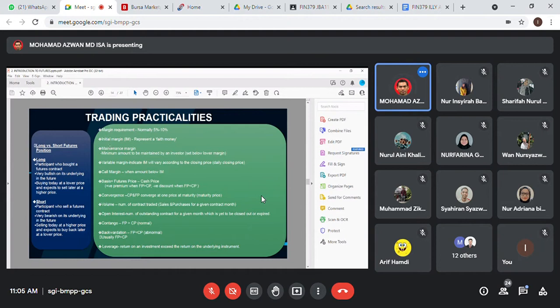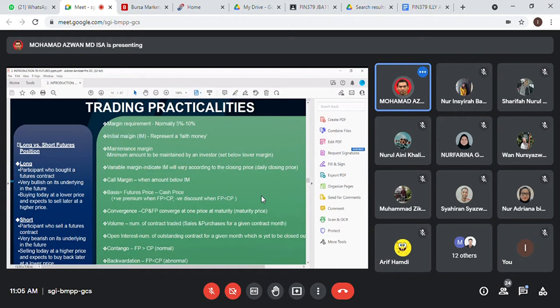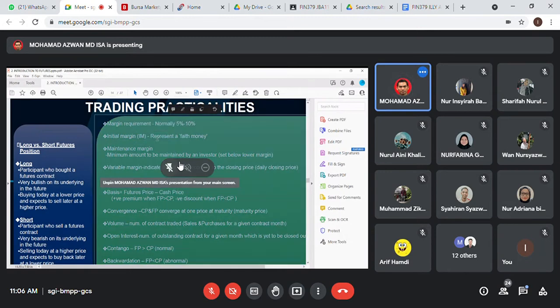Initial margin is like a deposit. When you want to open a futures contract, you have to pay a certain amount of money, basically around 5 to 10%, to start the trading.